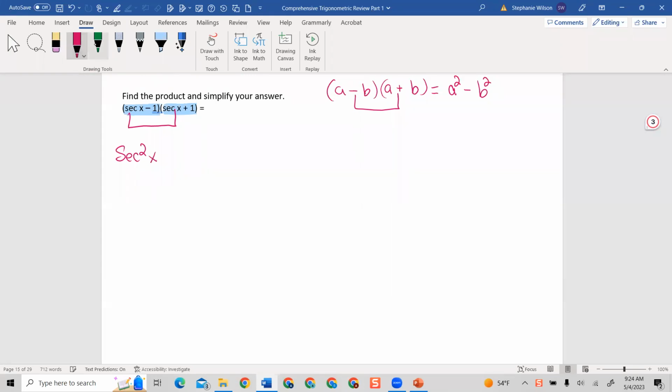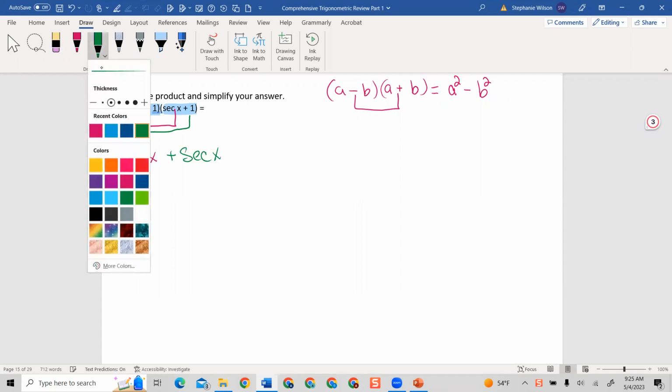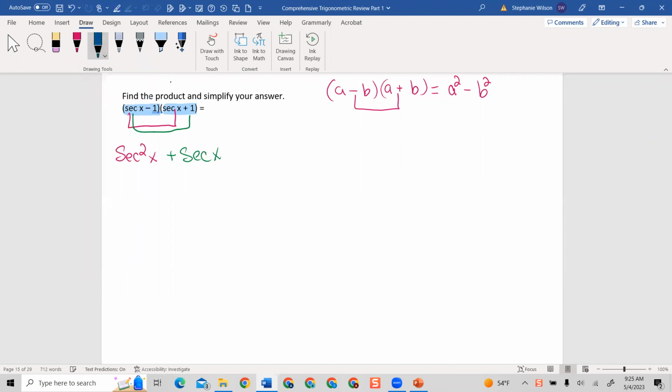All right. Now I'm going to say this first term times this last. So I get a secant x times positive 1. They're both positive, so I get a positive secant x. Let's do the next one. So now I'm going to grab this negative 1 and multiply it to that secant. So I got negative 1 times positive secant gives me a negative secant x.